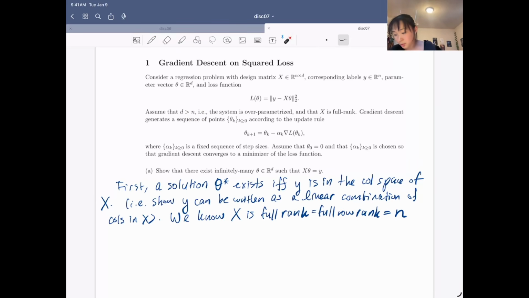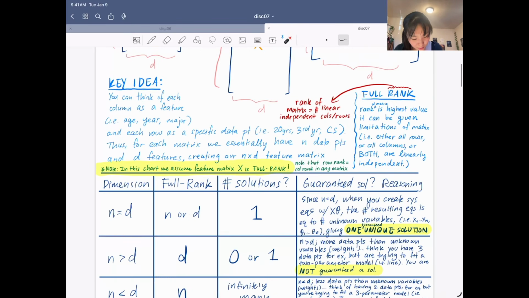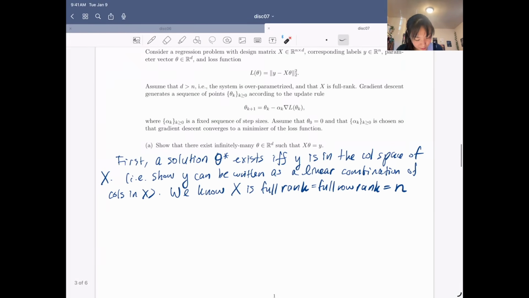Because row rank is equal to column rank, the number of linearly independent rows is equal to the number of linearly independent columns. Since it's full row rank, the number of linearly independent rows is n. And remember, full rank is the number of linearly independent rows or columns, so since there are n linearly independent rows, there are also n linearly independent columns.